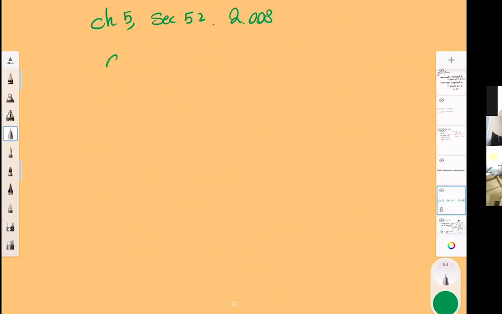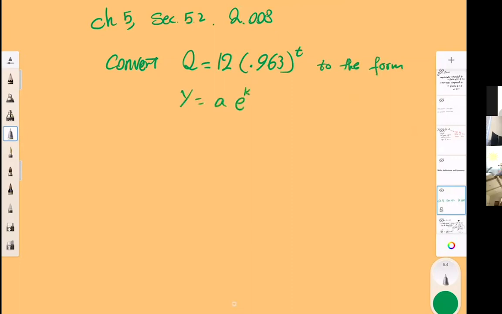The question is: convert Q equal to 12.963 to the power of t to the form y equal to a e to the power kt.